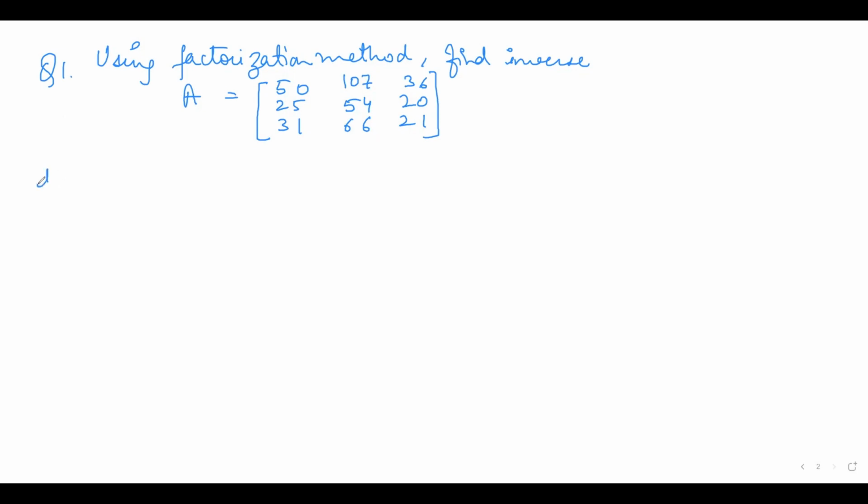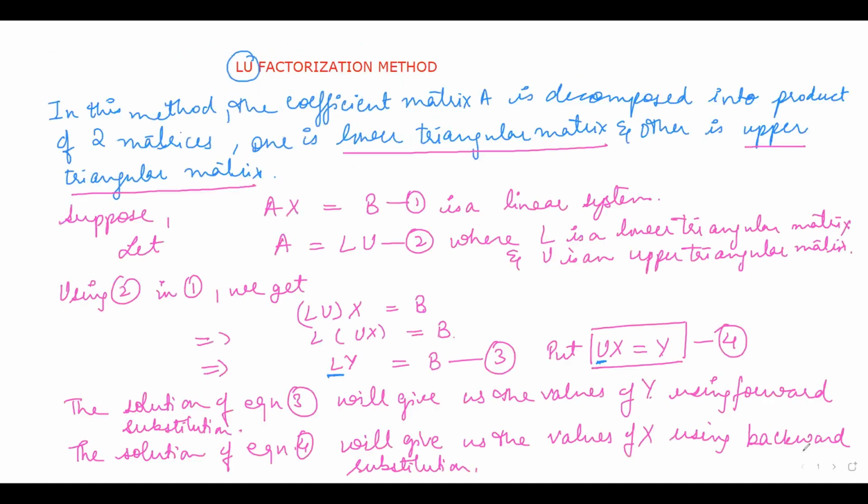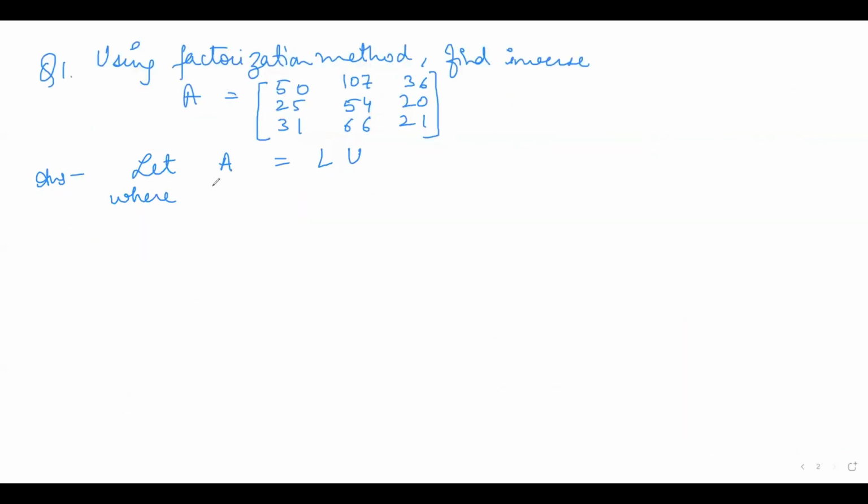So how to start this question? Let A be written as LU, where L is a lower triangular matrix and U is an upper triangular matrix. But here, one thing you need to keep in mind is that L, the lower triangular matrix, has the diagonal elements as unity.